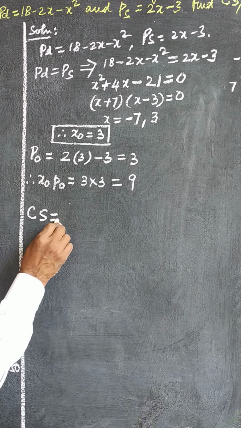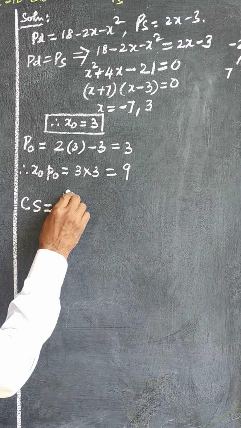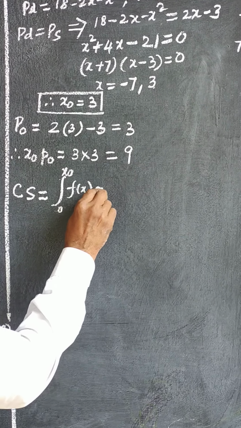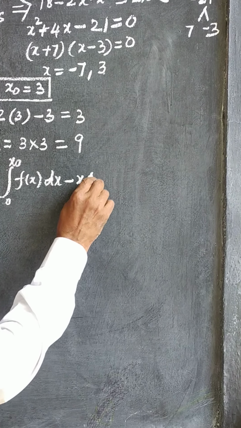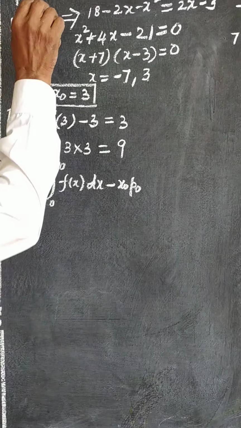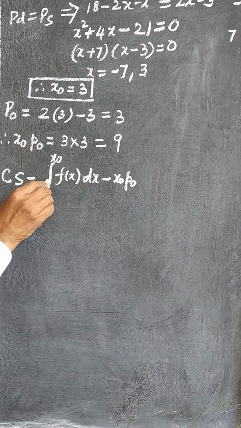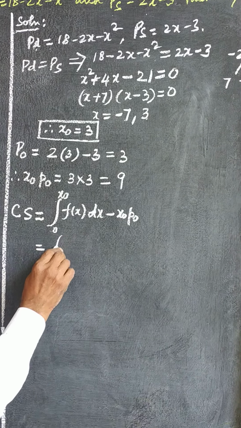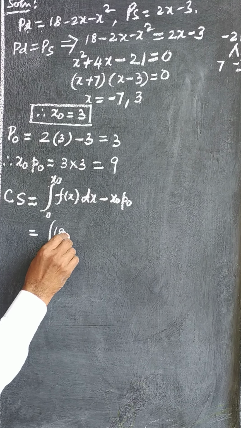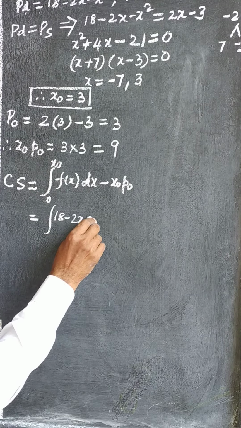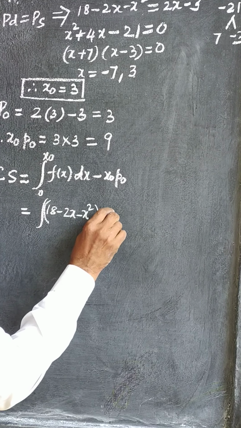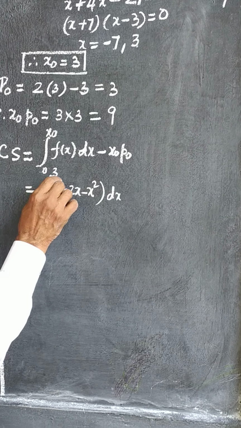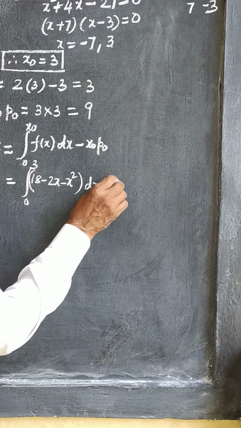Now CS is equal to integral 0 to x naught f(x) dx minus x naught p naught. Here, as I already told you, for CS we have to take producer demand, that is integral of 18 minus 2x minus x square dx from 0 to 3, minus x naught p naught, which is 9.